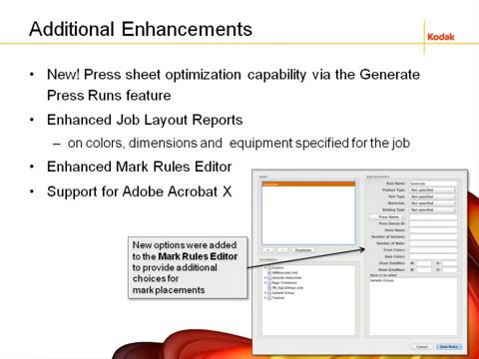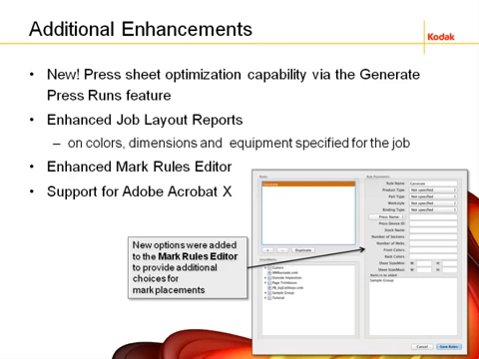Some additional enhancements. We have gained from the technologies that we put into the Prinergy 6 operations, and that is to take advantage of some of the new sheet capabilities. So we have a press sheet optimization capability now through the generate press run. We have an enhanced job report, which I'll show you, which shows colors, dimensions, and equipment specifications.